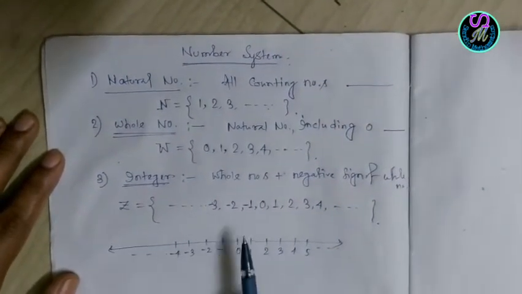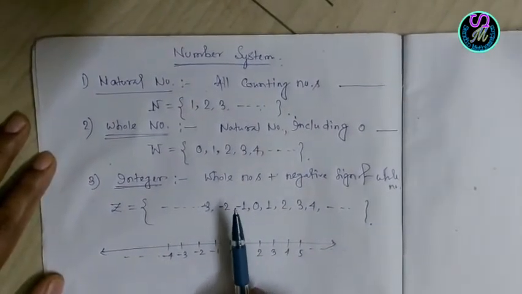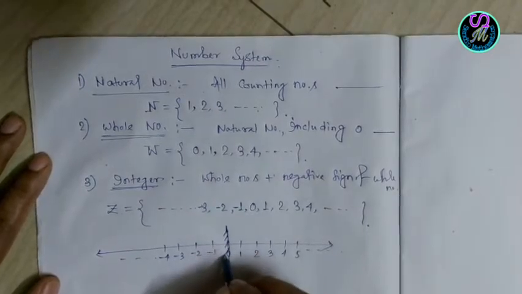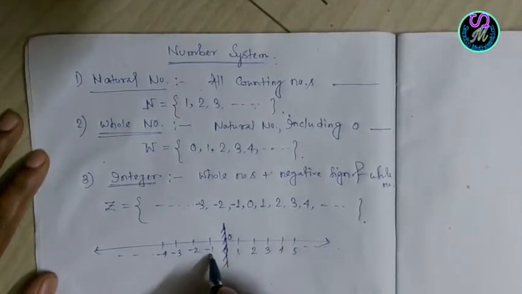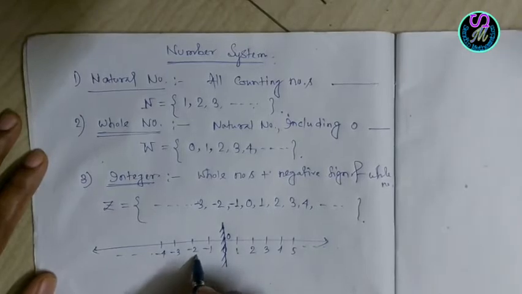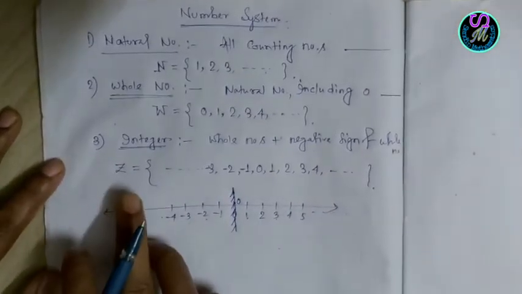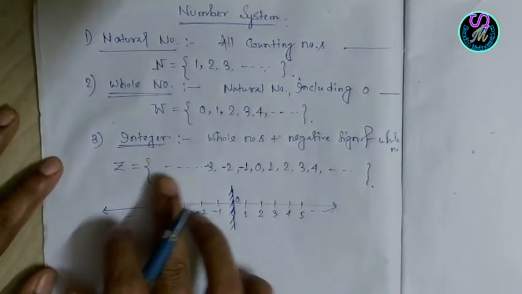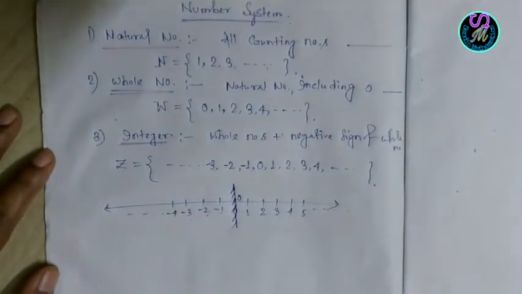Another way to represent integers: if you place a mirror at 0, then what happens? The mirror image of 1 is -1, the mirror image of 2 is -2, the mirror image of 3 is -3. So the integers look like this: starting from minus infinity, then -3, -2, -1, then 0, 1, 2, 3, 4, and it continues on.